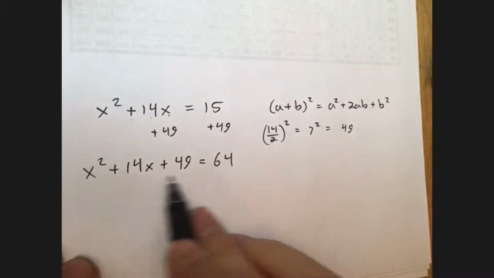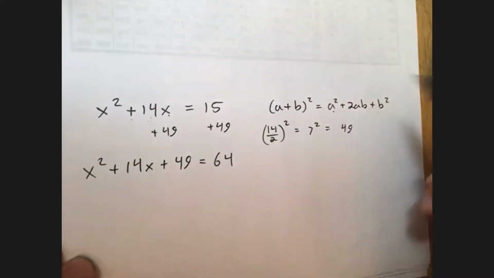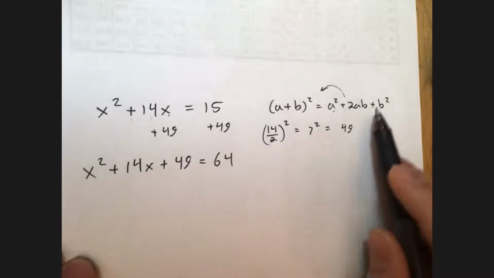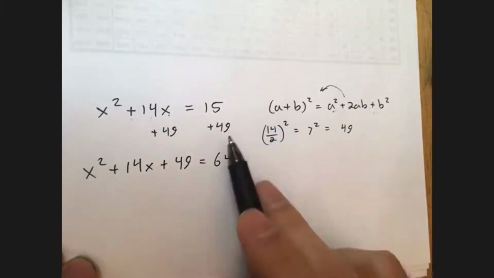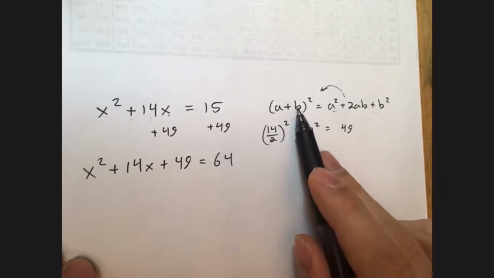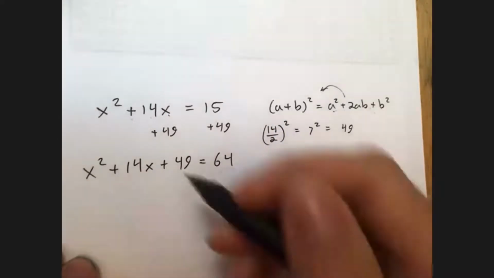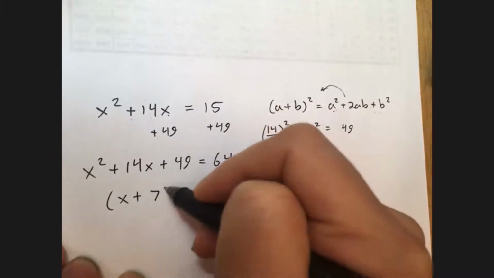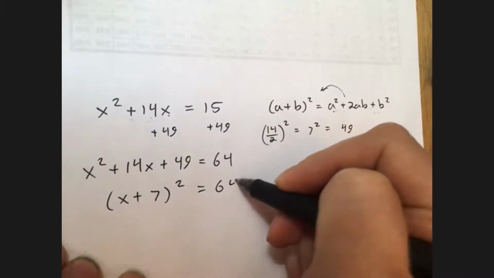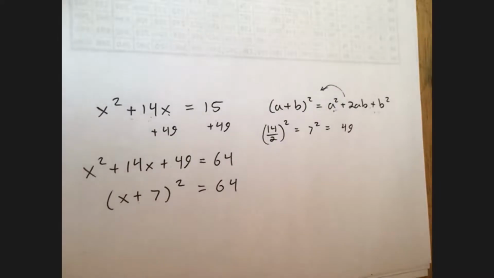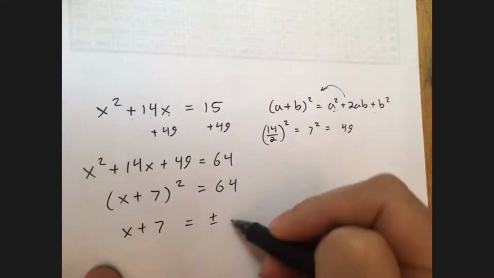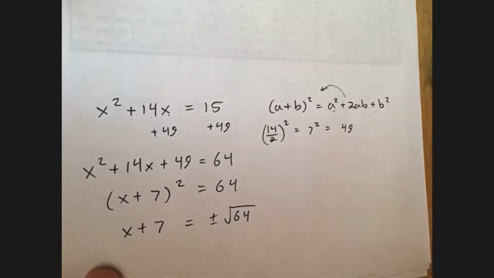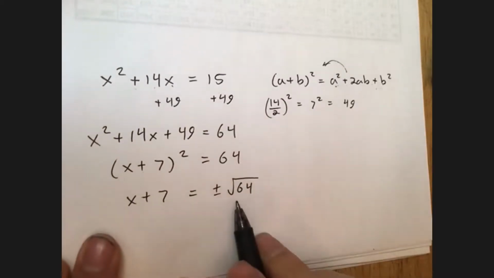This is supposed to be a perfect square, because if I just run this backwards, this becomes this, a plus b squared. So it should be x plus, what was b? It was half of this, x plus 7 squared. Okay. So now I know that x plus 7 must be plus or minus the square root of 64. I know what the square root of 64 is.